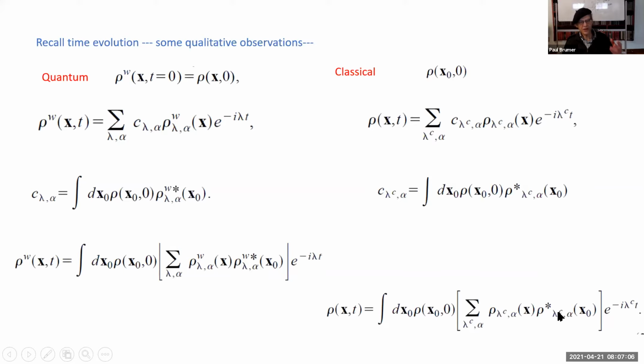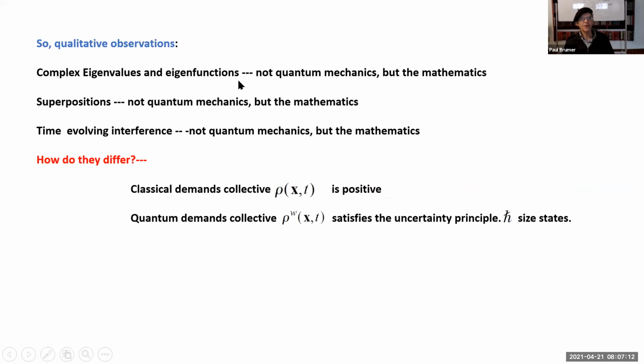If you look at this, you learn right away some remarkable and significant qualitative features. The first one is that the idea of complex eigenvalues and eigenfunctions, which we talk about in quantum mechanics, is not quantum mechanics, it's mathematics.